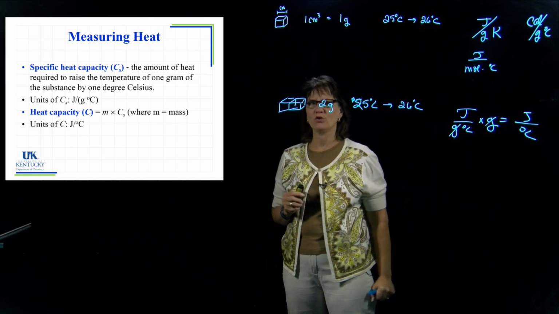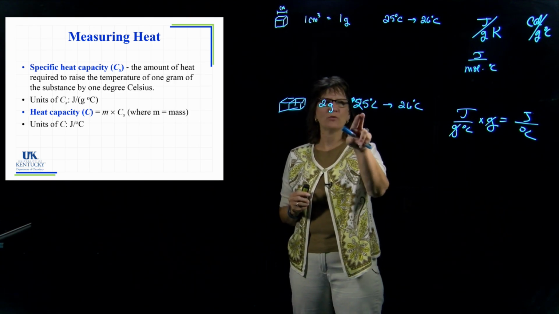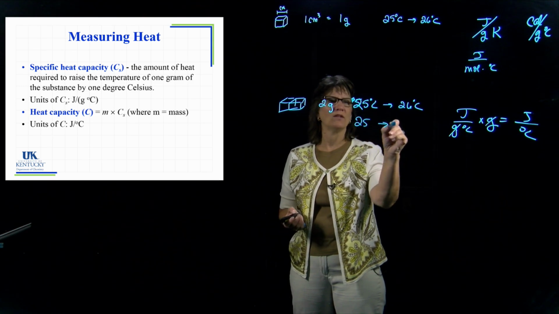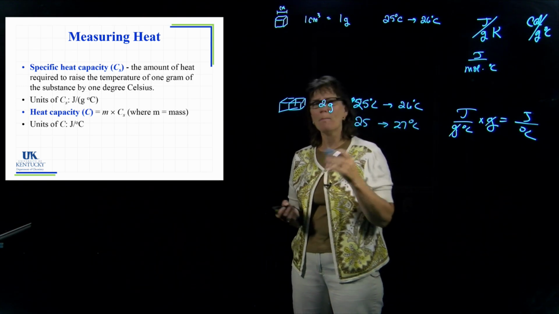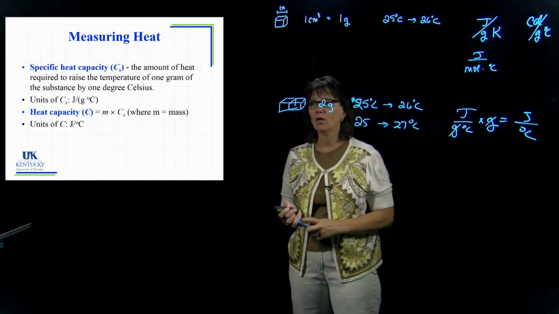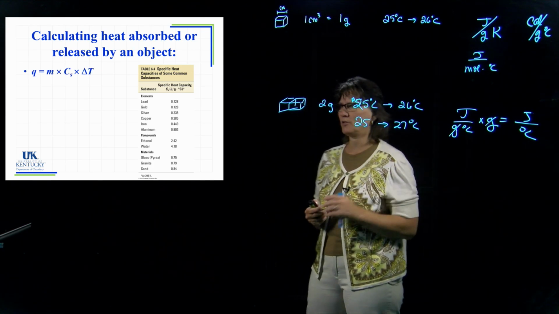What if we didn't want to raise it 1 degree? What if we wanted to raise it 2 degrees instead? Let's take this same object here and not go from 25 to 26, but go from 25 to 27. Would you imagine that it should take twice as much energy to raise it twice the temperature? Well, it does. And that gets us to our final equation.